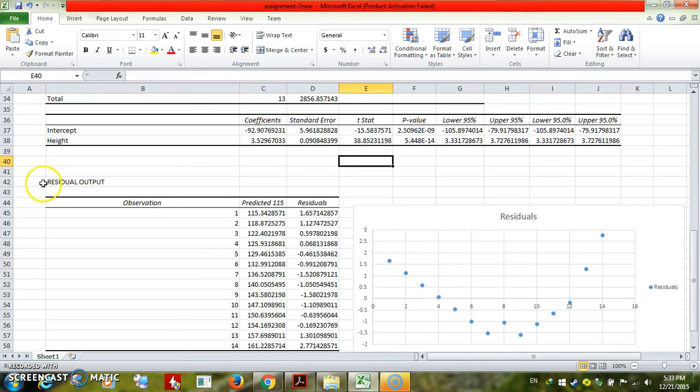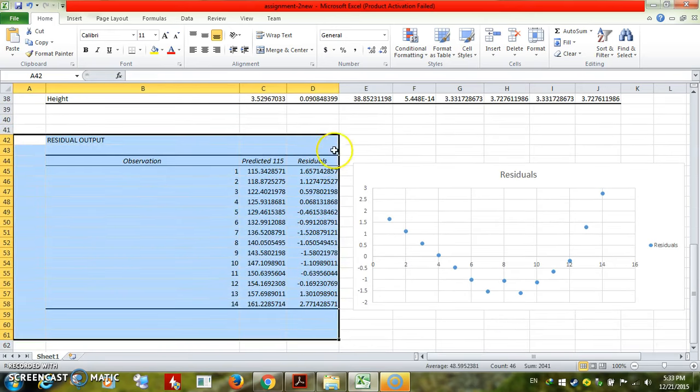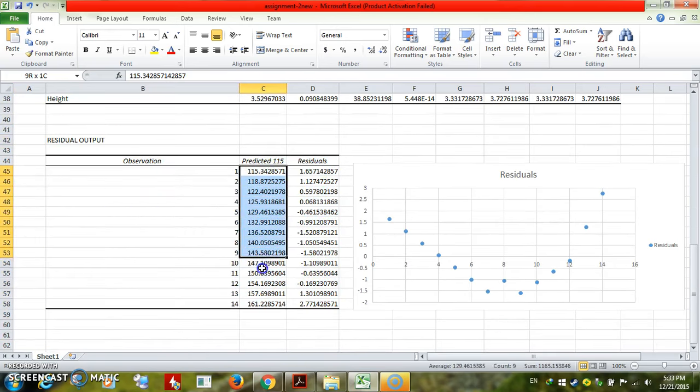And we look at the residual output. This is the predicted value, and this is the residual value for each observation. So we can see that each observation has at least some residuals.